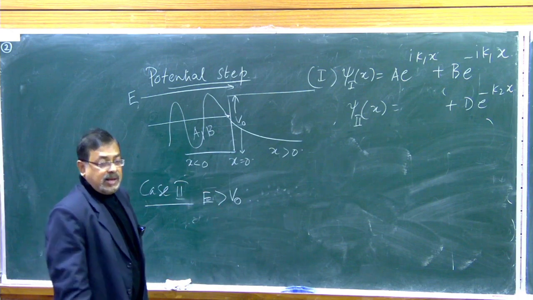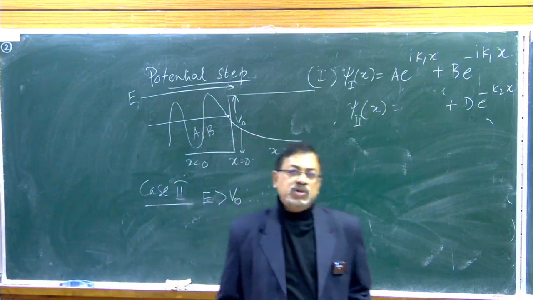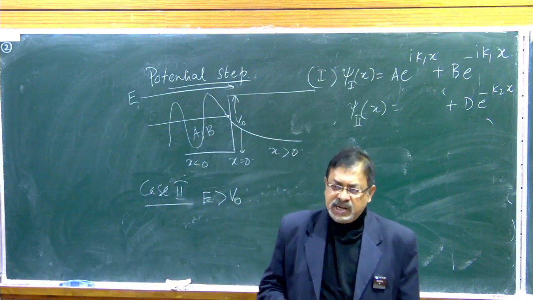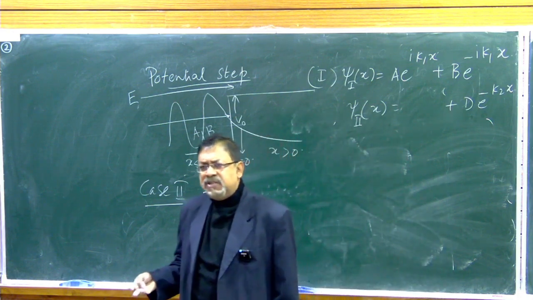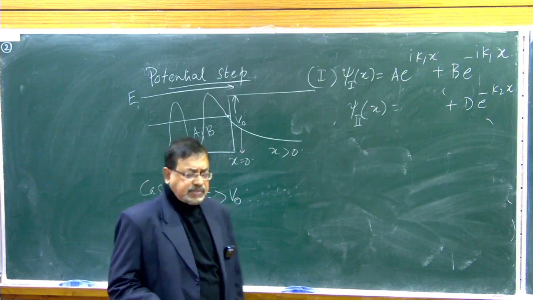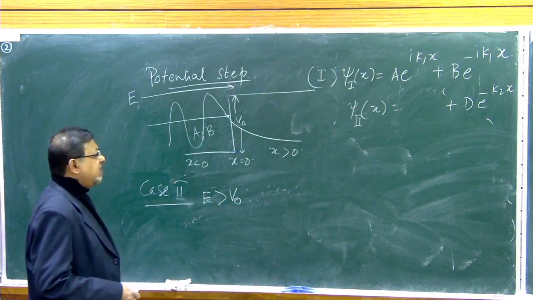Now you would wonder why there would be a difference between classical and quantum mechanics, if the particle energy is larger than the barrier height. It can go through the barrier easily.